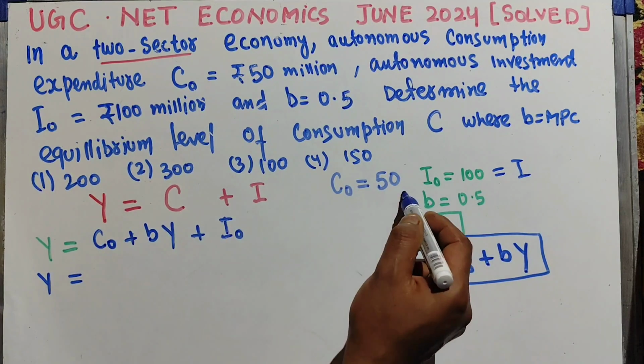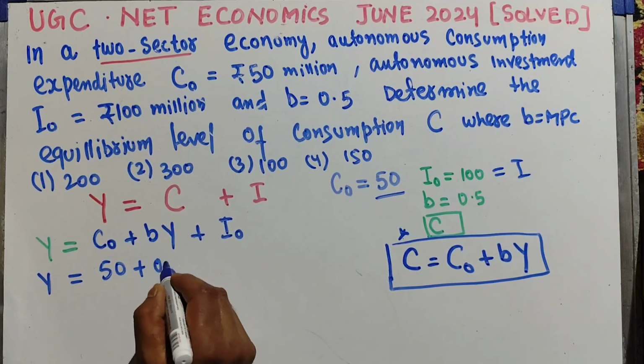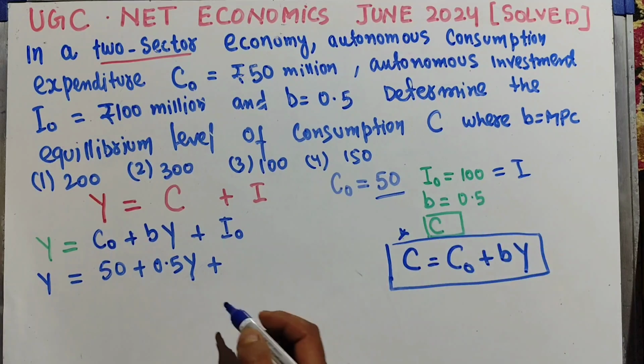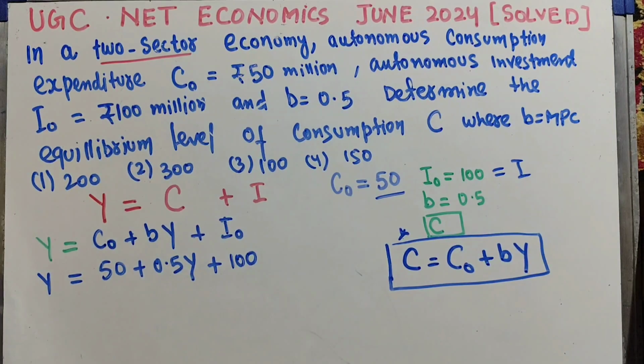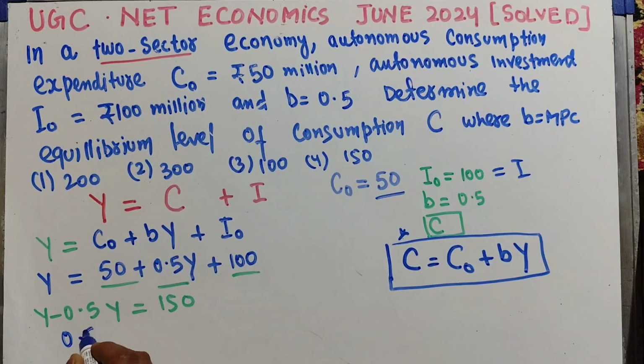C0 is 50 in this economy, plus B equal to 0.5, the marginal propensity to consume, and investment is given as autonomous, equal to 100. Let's transpose 0.5y to the RHS. So y minus 0.5y is equal to 150, if I add 50 and 100. Subtracting 0.5y from y, we get 0.5y equal to 150.